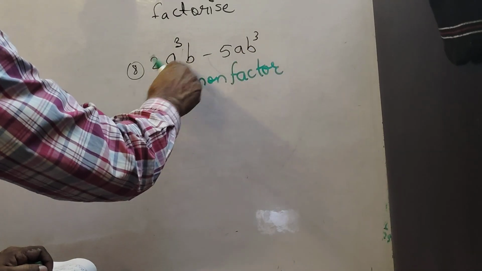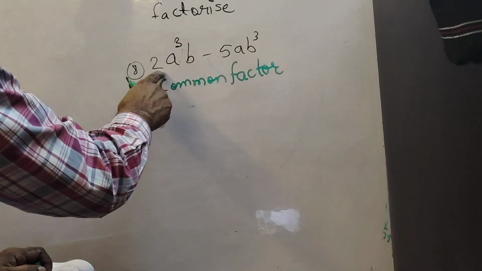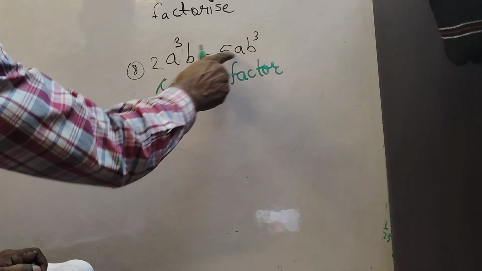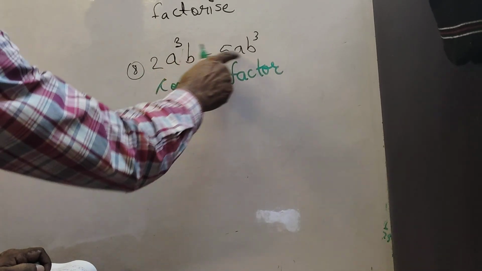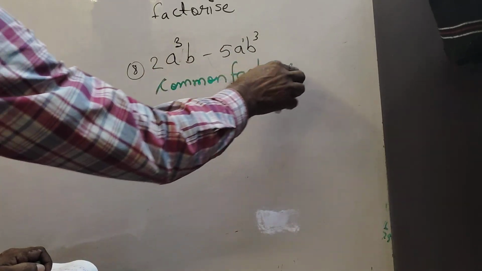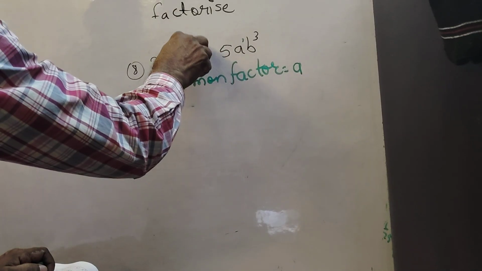Common factors we find of these two terms. So common factor in the number is 1, but in the variable we can say lowest power that is available in both the terms is a, in the a is a power 1. So a cube, a, the lowest term is a in the variable, and in the b lowest term is b raised power 1.